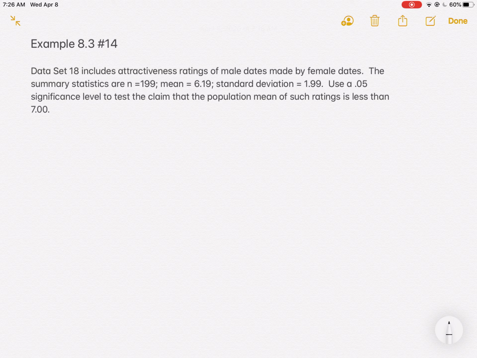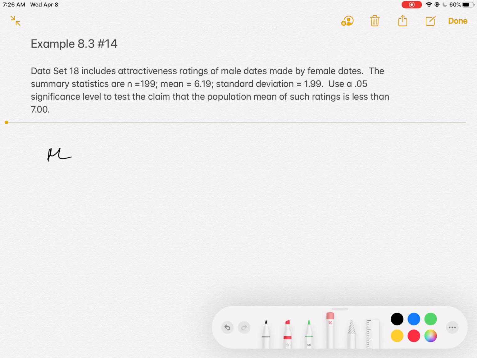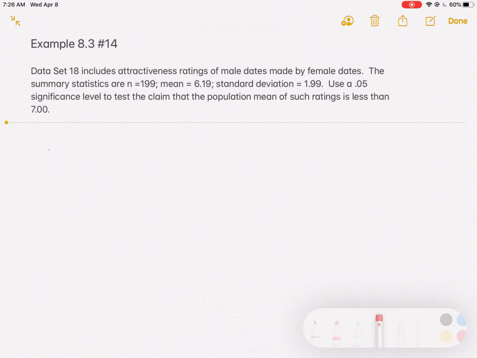Okay, so our claim is about the population mean. And so here's the population mean symbol. Let me write that a little bit better. So you remember the population mean symbol is this Greek letter mu, and our claim, I'll just put a C here, our claim is that the mean is less than 7.00.